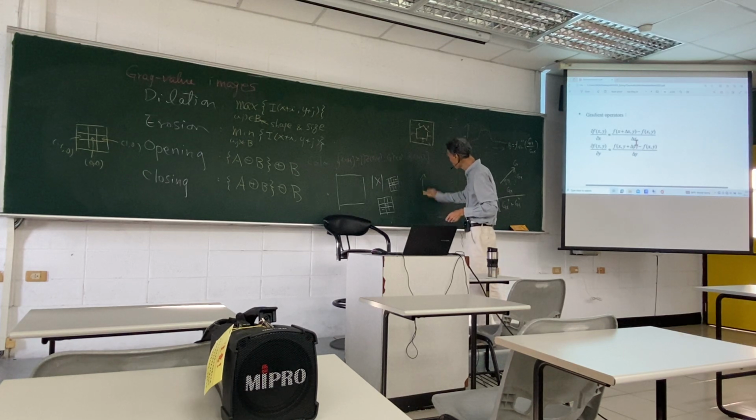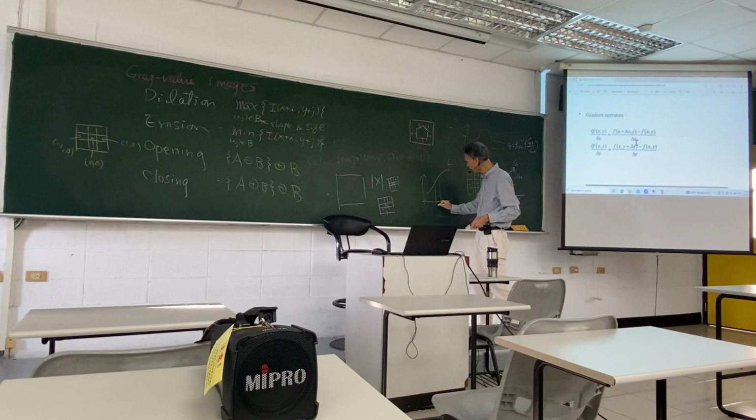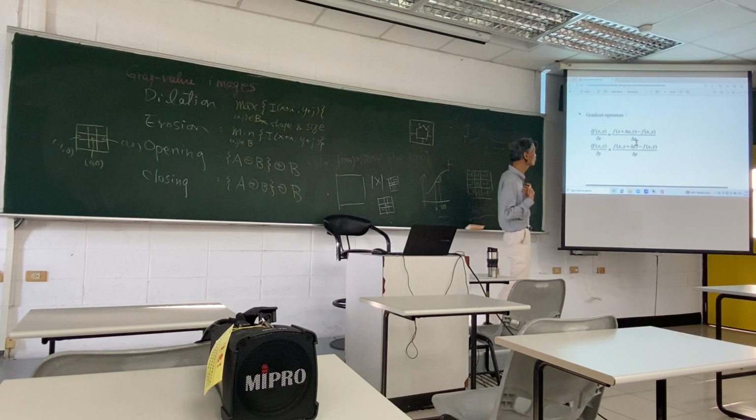If you have a signal like this, let me use the one-dimensional case. If this is x and this is x plus 1, then we calculate the difference. This is called the slope. This is how we define the slope. For our case here, the slope is just f of x plus 1, y minus f of x, y, when we fix y.